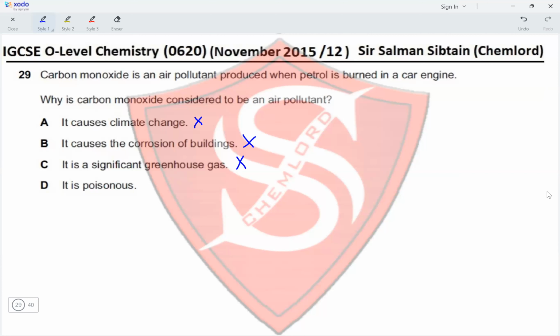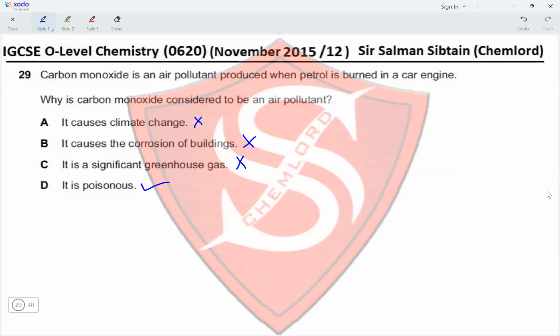It is poisonous. Yes, it is poisonous for humans. If carbon monoxide enters the blood, it replaces oxygen binding sites in hemoglobin. It replaces oxygen with carbon monoxide, or if oxygen is not bonded to it, carbon monoxide binds to it. And the binding of carbon monoxide is 200 times more than the binding of oxygen. So if carbon monoxide binds to the hemoglobin, it will not get removed if oxygen is taken in.